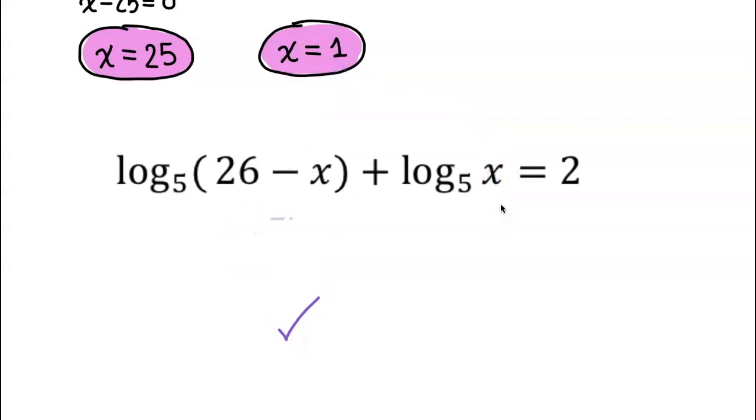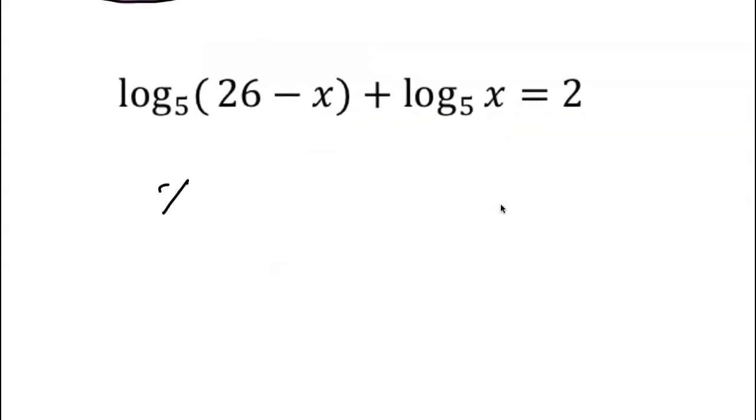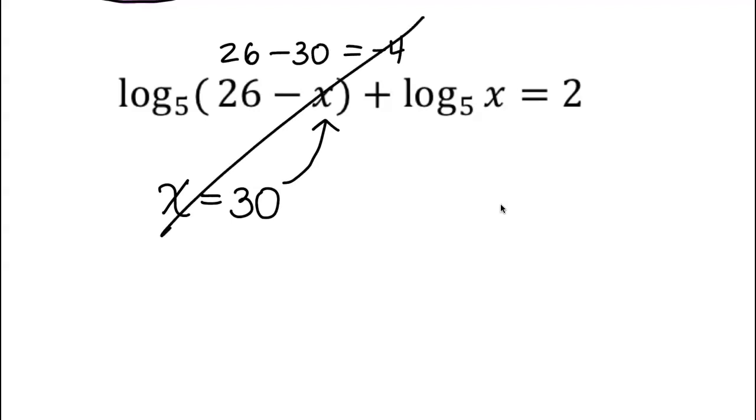Okay? Now, sometimes, let's say that you solve this equation and you got something like x equals 30. If you plug in 30 in there, what will happen? You'll get 26 minus 30, right? And that comes out to be negative 4. But a log argument cannot be a negative number.